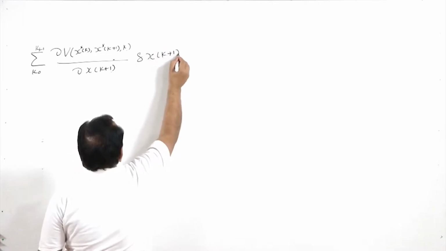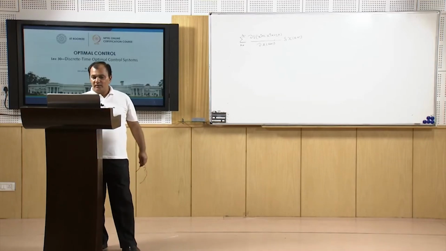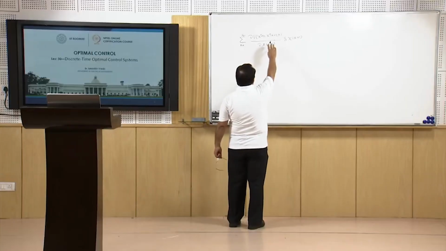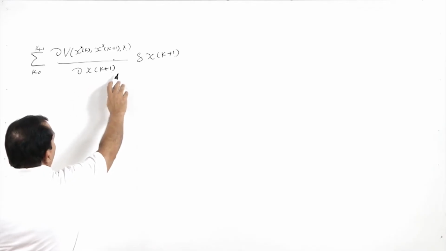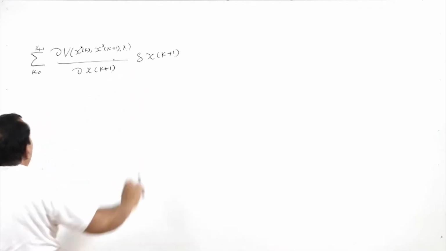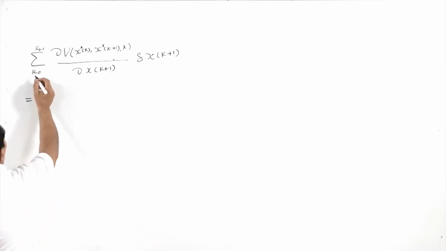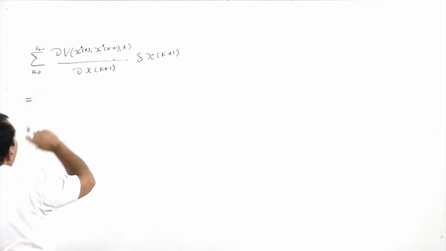So, we are considering the second term of the first variation as del v of x star k plus 1, x k by del x of k plus 1 times delta x of k plus 1. We expand this taking k as k0, k1, k2, up to kf minus 1.